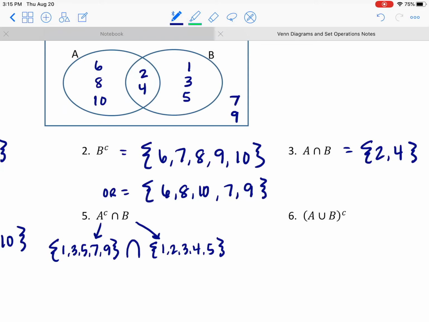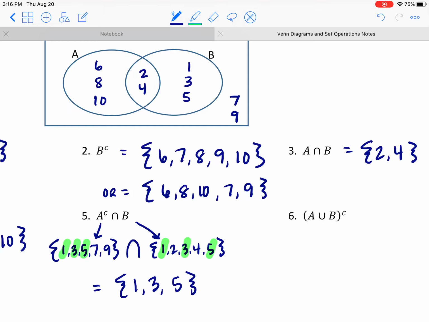What is the same on both of the lists? Well, let's highlight here. 1 is on both of the lists, 3 is on both of the lists, and 5 is on both of those lists. So those would be the elements in their intersection. So this final answer, the intersection for A's complement and B, is going to include 1, 3, and 5.